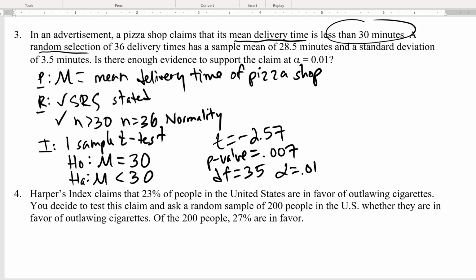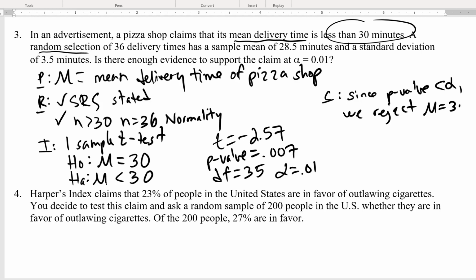Based on this, since the p-value is less than alpha, we reject the null hypothesis that the mean is equal to 30 minutes and conclude the alternative, it's less than 30. This pizza shop's doing a good job.